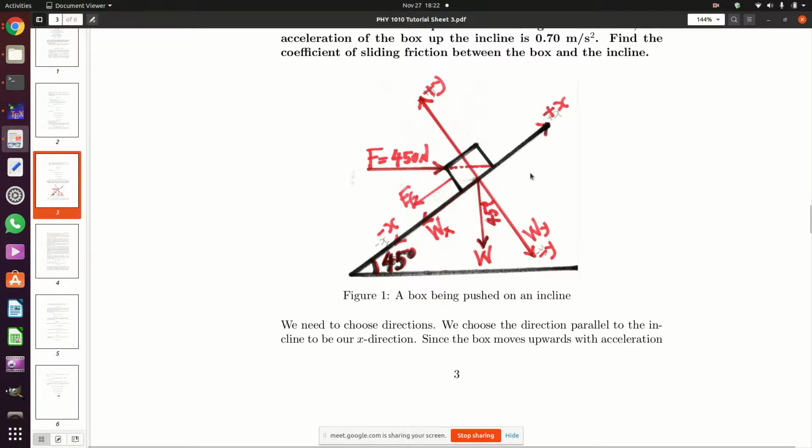So there's going to be a part of this force which is pointing down along this direction. If you shift it down like this and put it here, you reproduce this. So basically that's what you have.